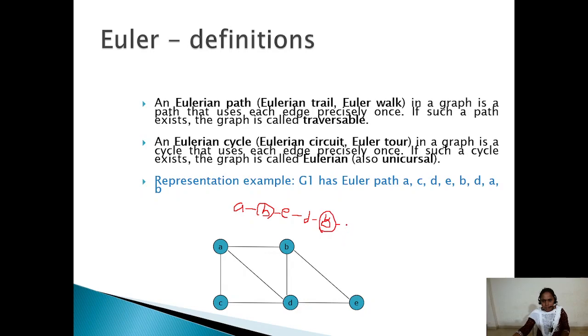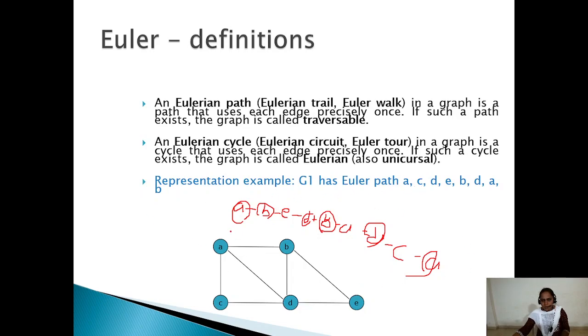Next B to A. Next A to D, D is a repeated vertex. D to C, C to A, so A is a repeated vertex. Vertices are repeated, but each edge is visited exactly once, so all edges are covered.